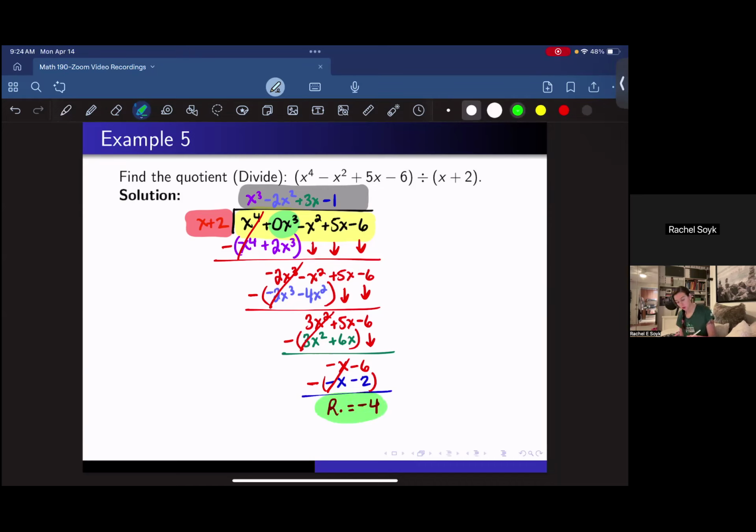Right? So what did we get our quotient to be? X to the third minus 2x squared plus 3x minus 1. If you wanted to find your result fully, including in that remainder, you can write it as your quotient and then you put in your remainder all over your divisor.